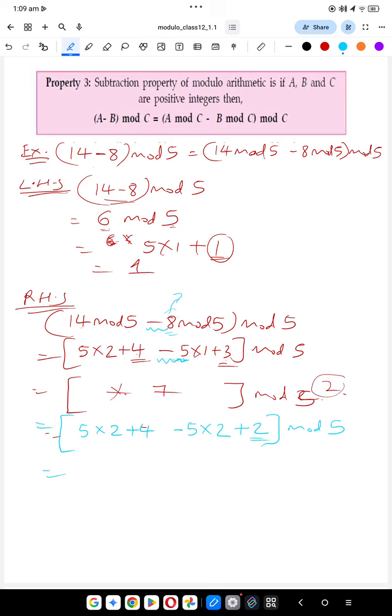So this is our remainder and this is our remainder. So 4 plus 2 is 6 modulo 5. So what have we got? 1. So LHS is equal to RHS. Yeah, this was a tricky case.